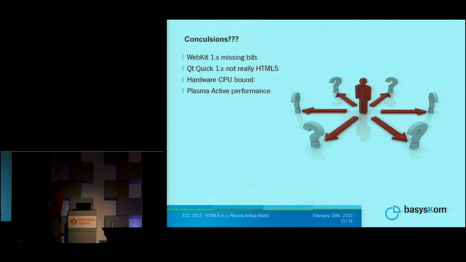Conclusion. Well, one thing is we don't recommend, and we basically dropped all work on WebKit 1 because there's just too much missing, too much overhead and work that needs to be done to get it to be compatible. So we're moving on to WebKit 2 base.